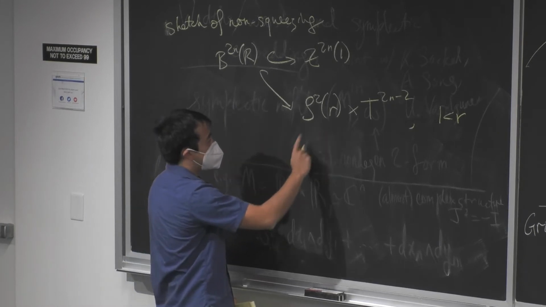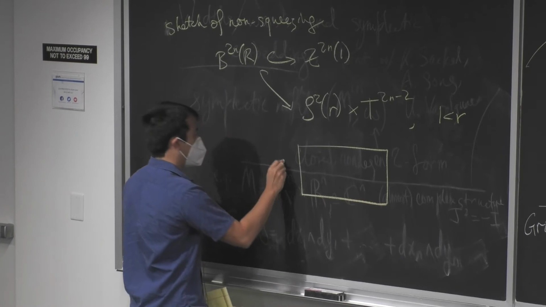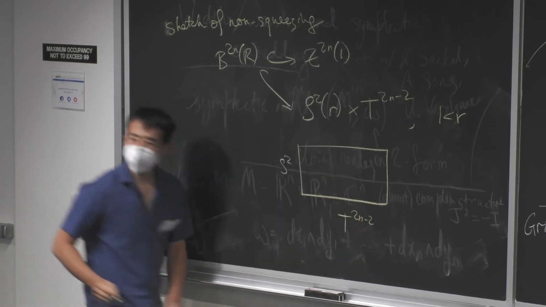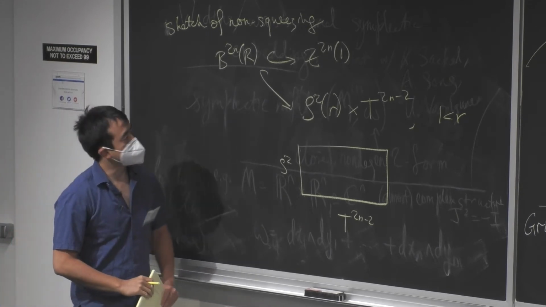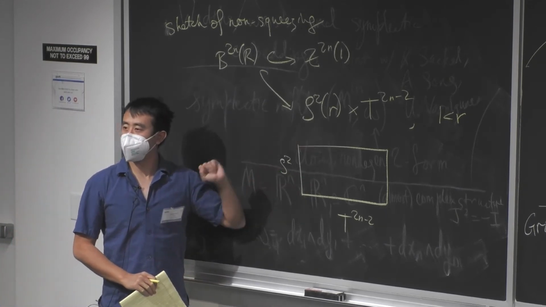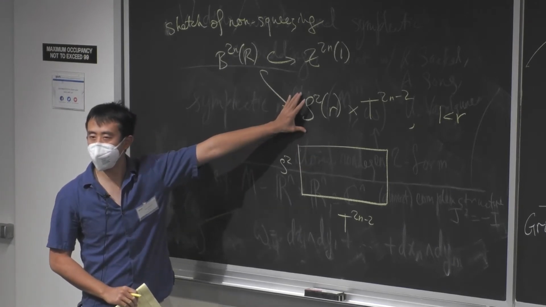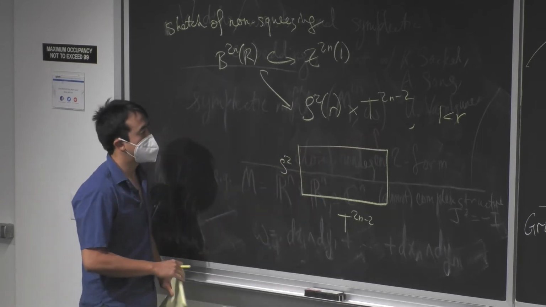Okay, and now this thing, S^2 cross T^{2n-2}, has a natural complex structure, right? So thinking about S^2 as CP^1, and then just, again, this guy as complex space.